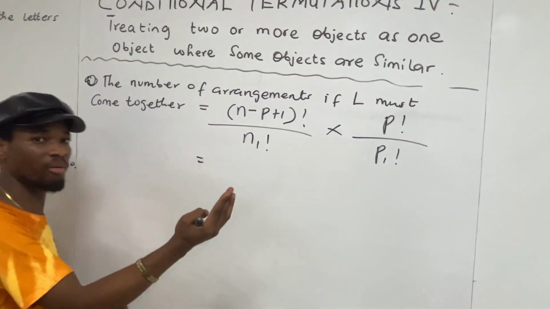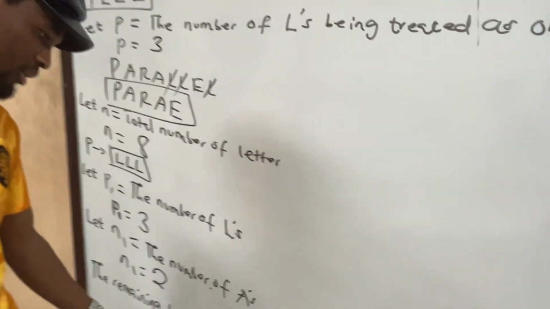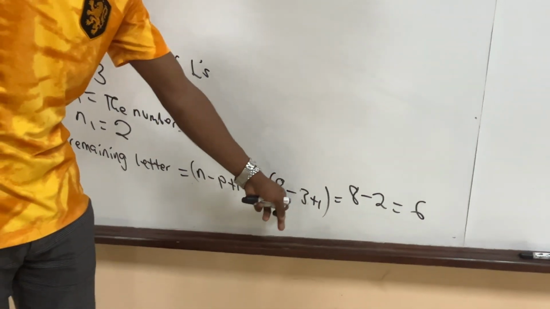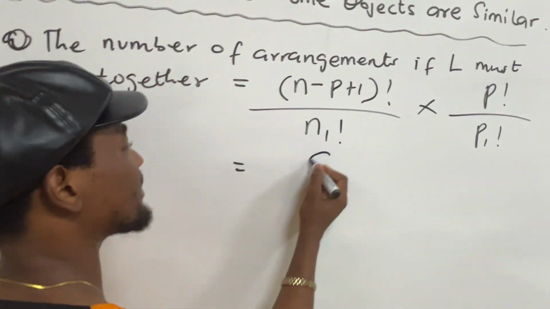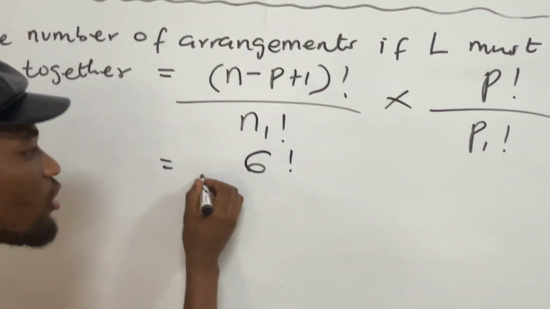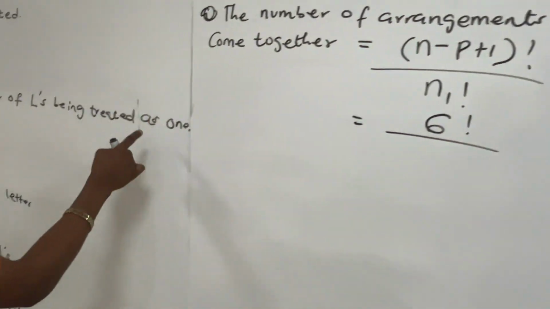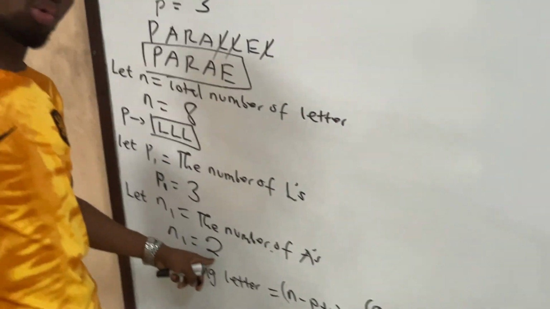Yes. So viewers, from here, the formula, we had N minus P plus 1 to be equal to 8 minus 3 plus 1, which is equal to 6. Right, so I have my 6 over there, factorial, then all over. Viewers, do I know N1? N1 here is equal to 2.